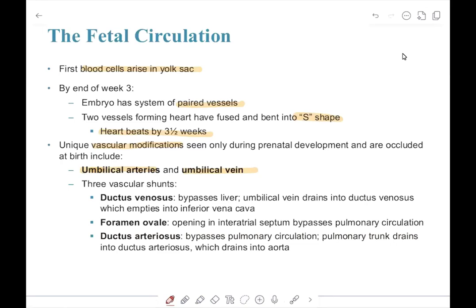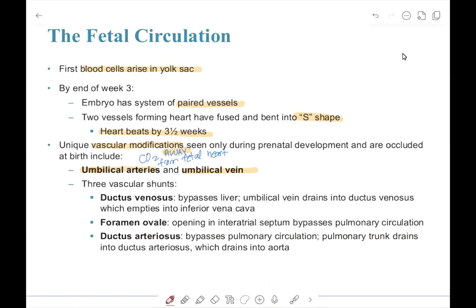So, what that means is that this umbilical artery is taking deoxygenated blood away from the fetal heart. So remember, what you learned in the cardiovascular system was that arteries always go away from the heart. But in this case, we're talking about the fetal heart.